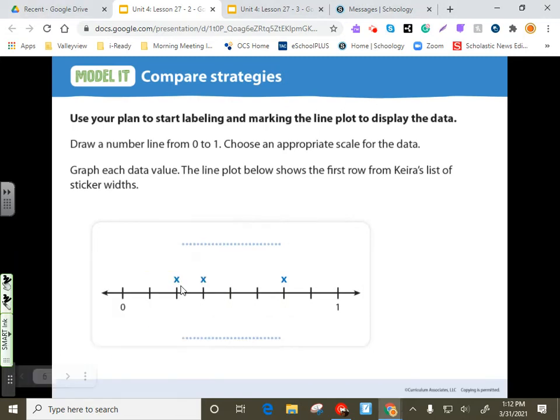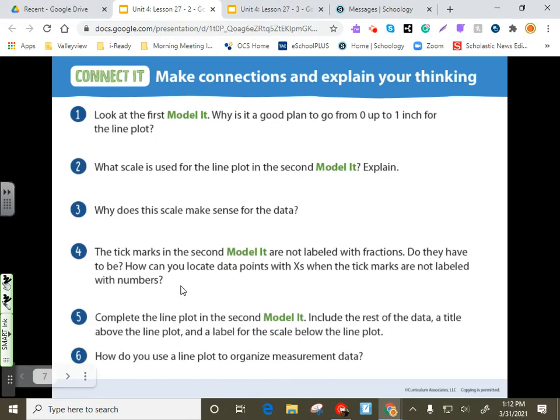All right, so let's do the next page. So look at the first model. And why is it a good plan to go from 0 up to 1 inch for the line plot?